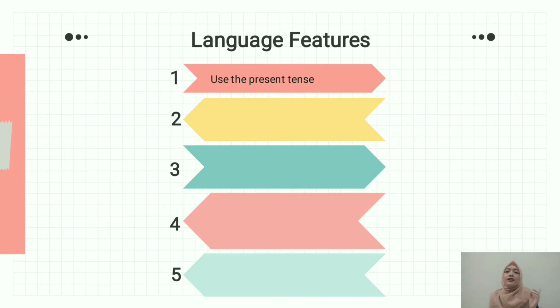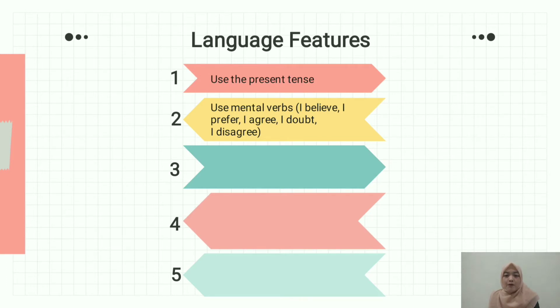Okay, but tetap mostly use the present tense because a lot of talking about text. And then use mental verbs. For example, I believe, I prefer, I agree, I doubt, I disagree. Kenapa? Karena ini adalah restating your arguments, memberikan pendapat kamu.